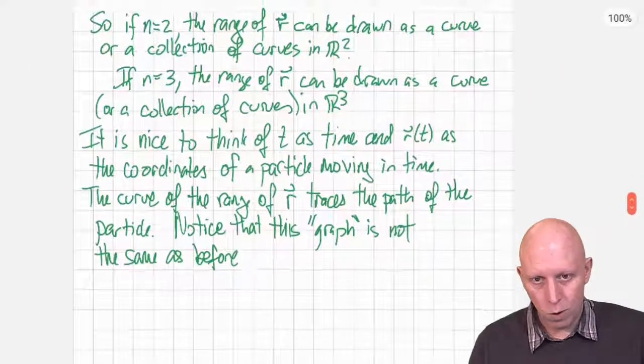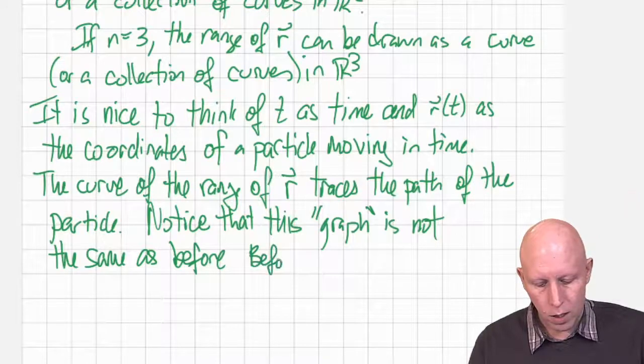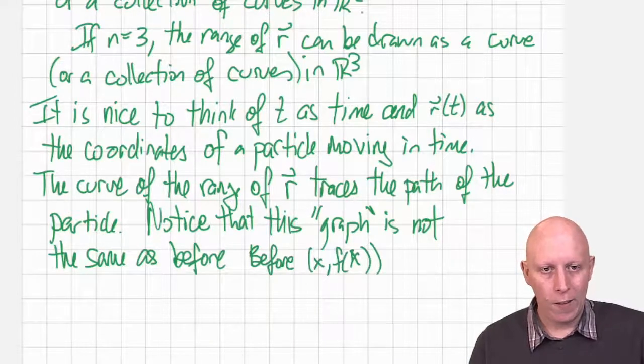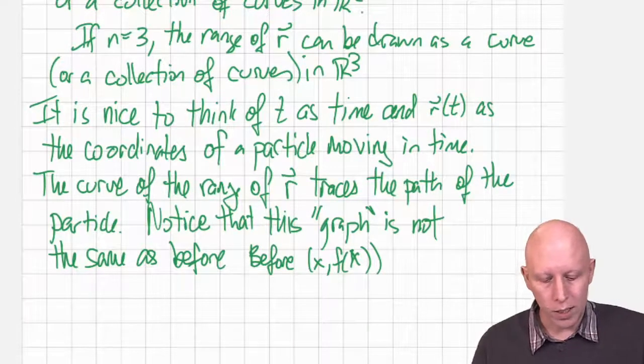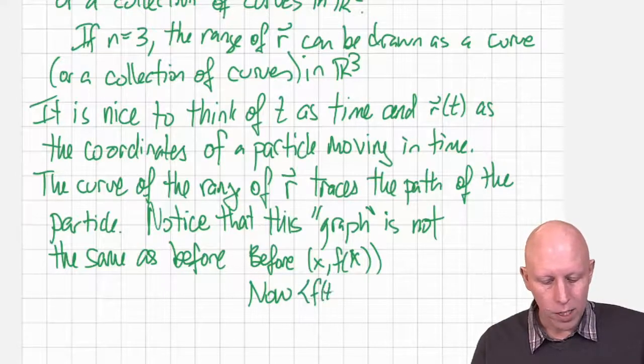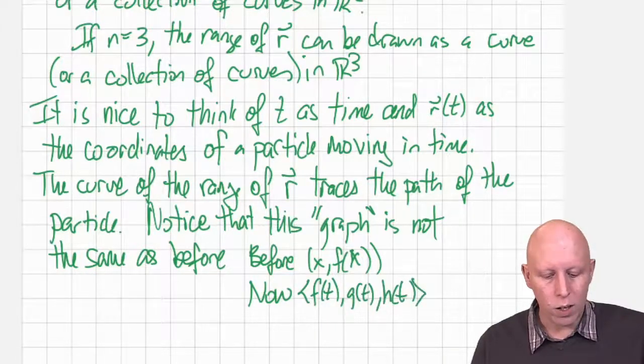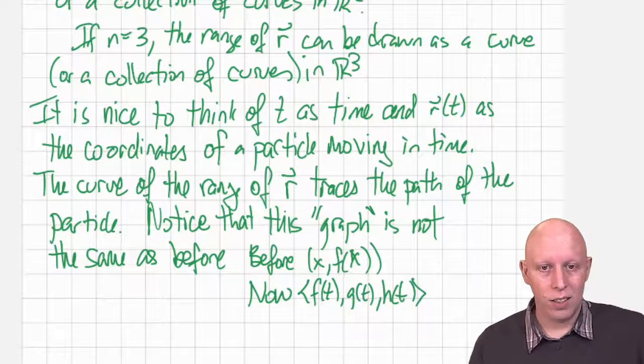Before, we drew x comma f of x, and that was a curve through space. But now what we're drawing is only f of t, g of t, and if applicable h of t. We're not drawing t comma that.